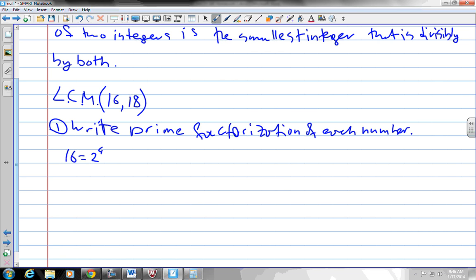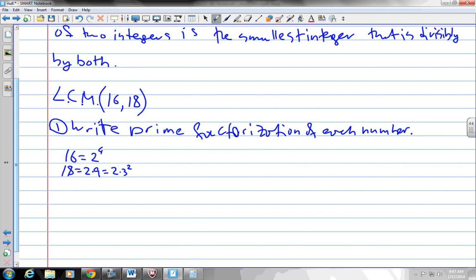So that's 16 as a product of primes. While 18 is 2 times 9, which is 2 times 3 squared. So this is the prime factorization of each number.